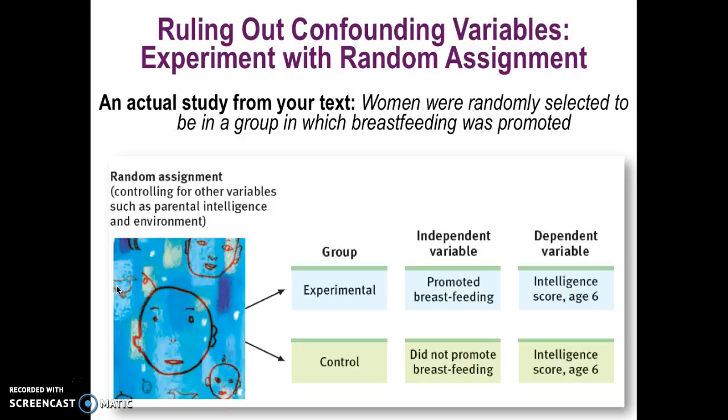So this is interesting to see how the results are affected by random assignment. So again, random assignment, this is so that we can control those confounding variables such as parental intelligence, your environment, your early childhood education. All right, so we're trying to eliminate those confounding variables.